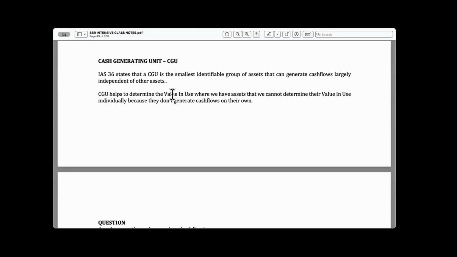And when we get that, we can then test them for impairment. Getting their carrying amount is not a problem because that's their book value. It's determining the recoverable amounts that was the challenge. But now that we have grouped them together, we can ascertain their recoverable amounts by determining how much they make together.